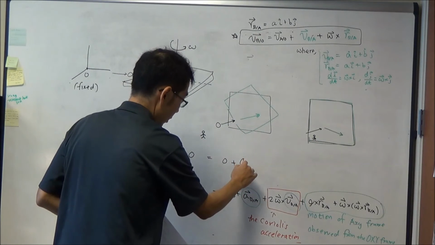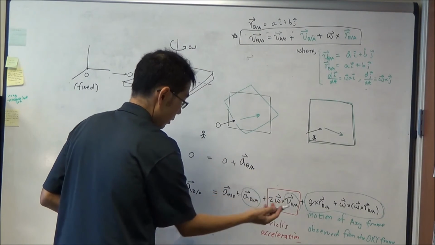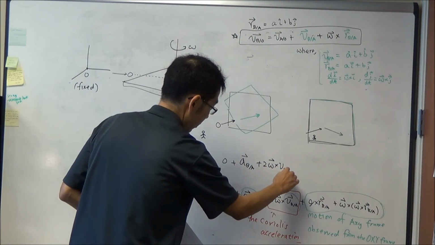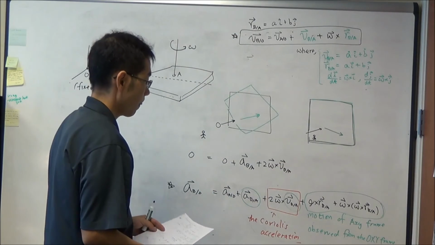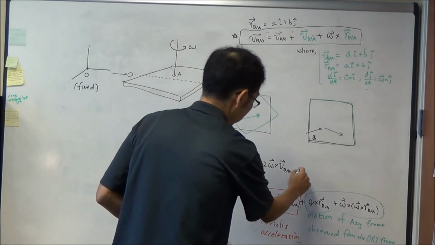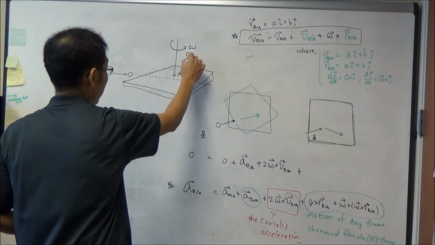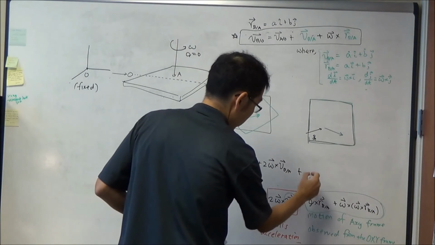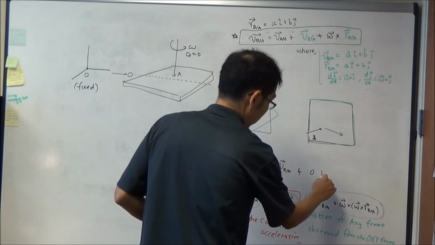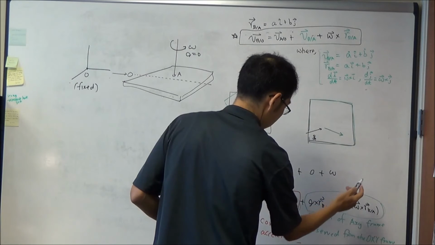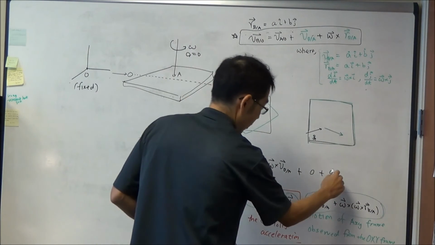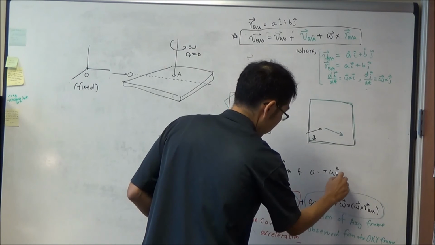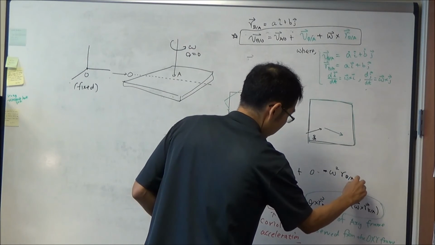So we want to get that acceleration. And then this is 2 omega and this one. And let's say this one doesn't have any angular acceleration, so this term will be 0. Okay. And then we still have this one. If we use the scalar term, this one can be minus r, like that.